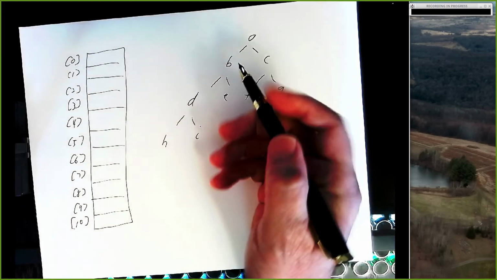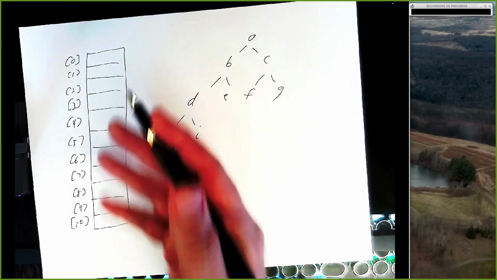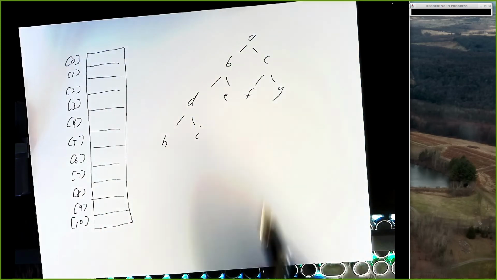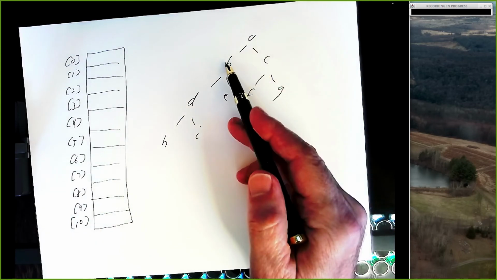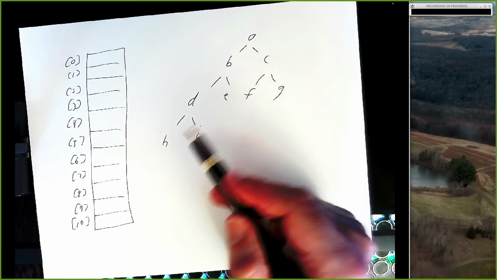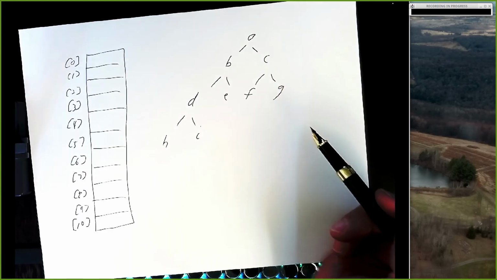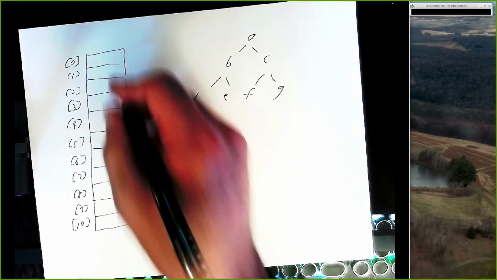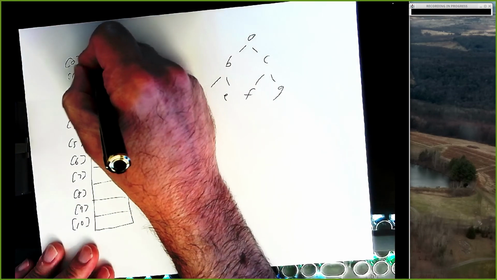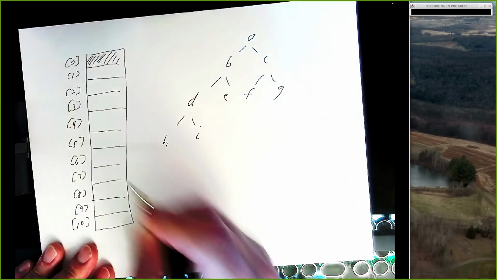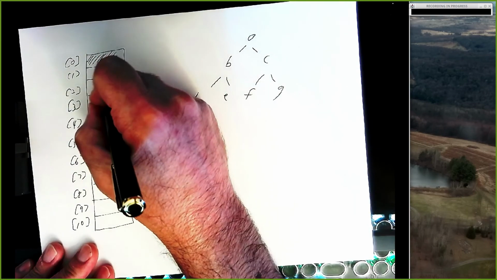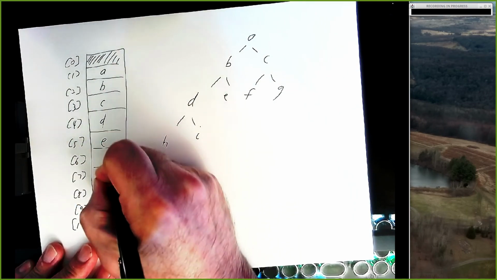And I'm just going to store the contents of my heap into my array in order, starting from the first node, moving from left to right, and then going down. But I'm going to start storing at index 1. I'm not going to use index 0. I'm going to store my nodes as A, B, C, D, starting at index 1.